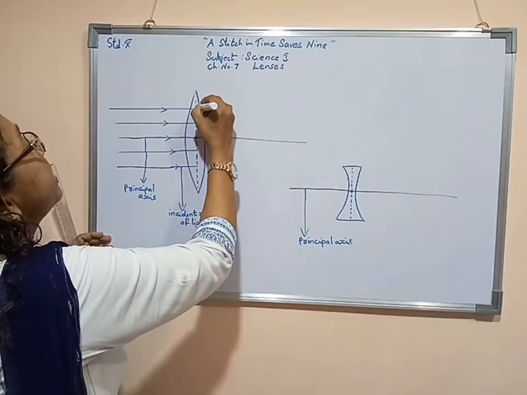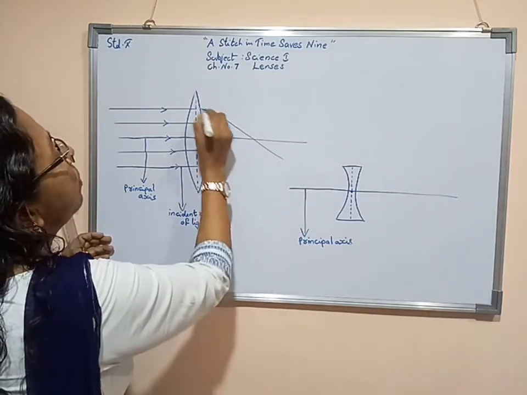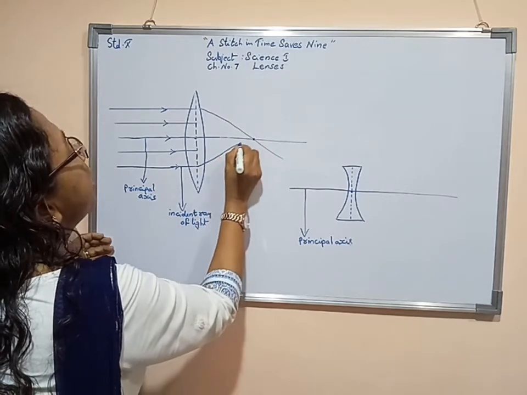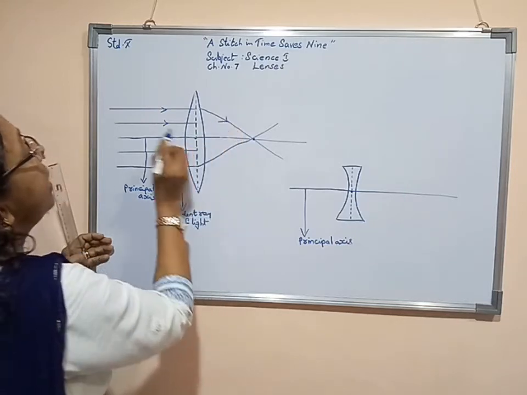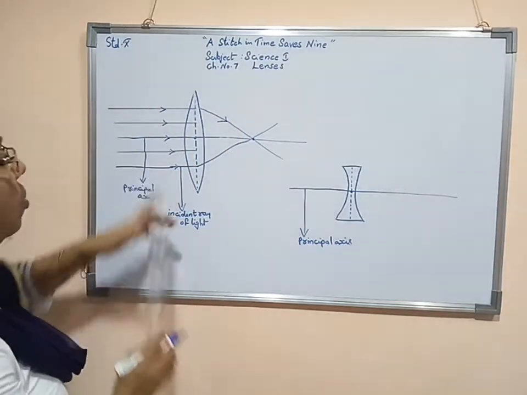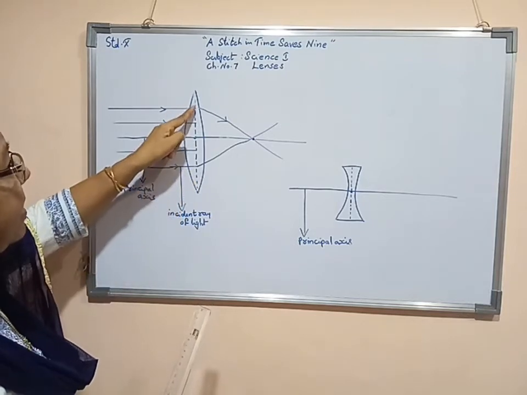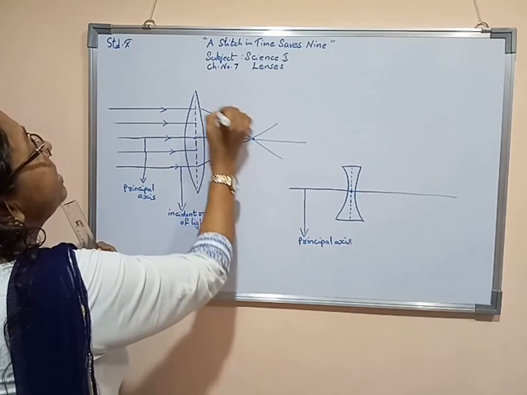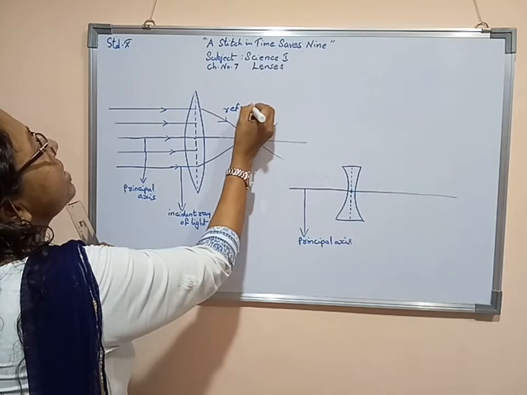After that it is refracting and passing through a point. Similarly, these are the incident rays. Once it hits the central part of the lens, its direction changes. So we can say that these rays are known as refracted rays.